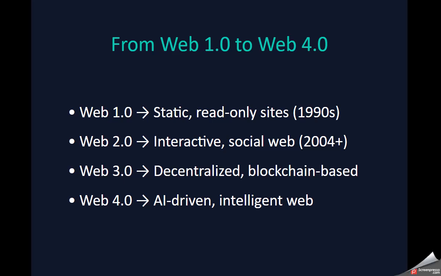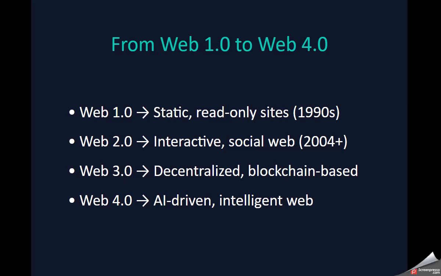It uses technologies like blockchain, cryptocurrency, NFTs, smart contracts, artificial intelligence and machine learning, and all of that. Examples are Ethereum, blockchain networks, decentralized apps, IPFS, and AI assistants that understand your intent, like ChatGPT, Alexa, and the rest of them.